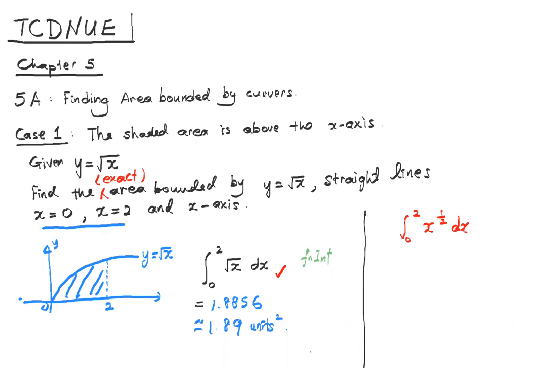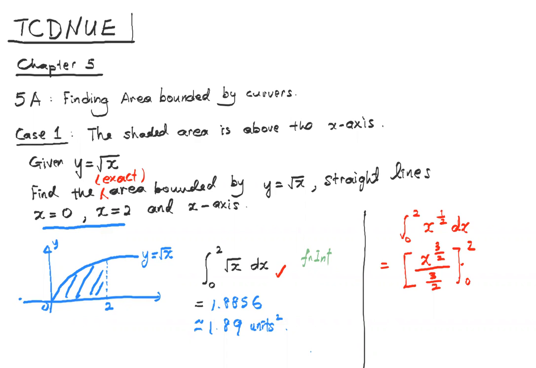So your working will be, you have to show your integration. So when you integrate, correct, you use the power formula. So power plus 1 divide by the new power, 0 to 2.